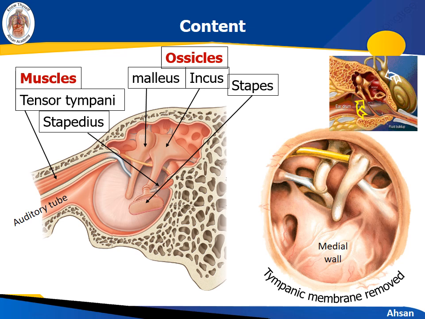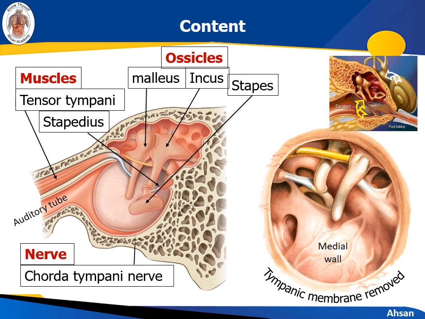The stapedius remains within the temporal bone, the bulk is coming out and is attached to the stapes. This rounded area is known as the foot process of the stapes, and this is attached to the body of the stapes above.